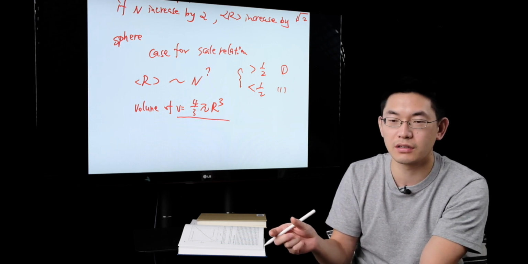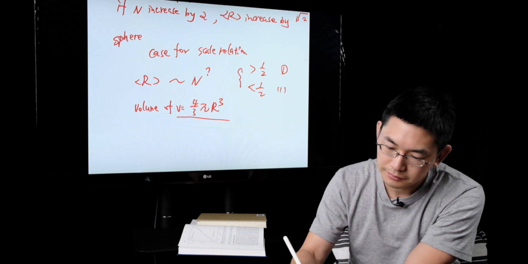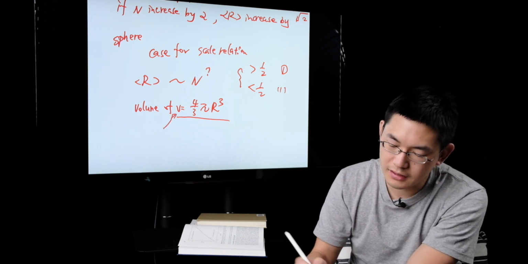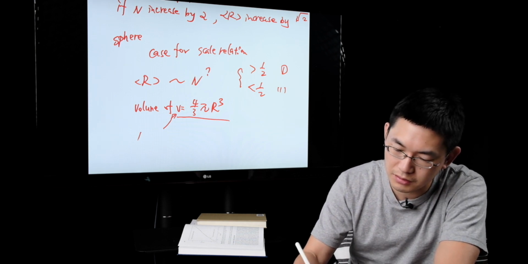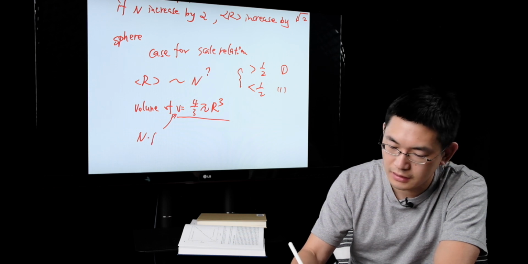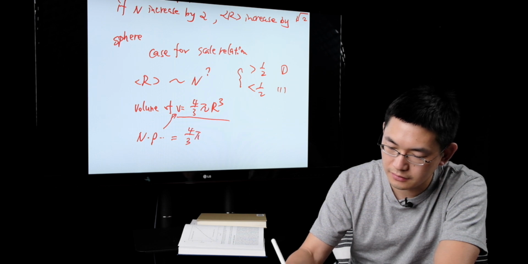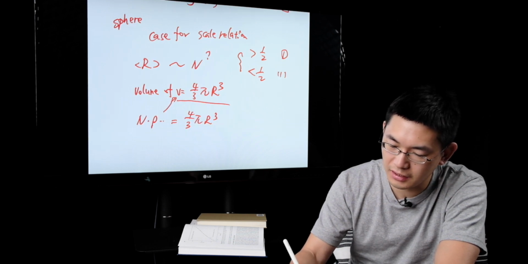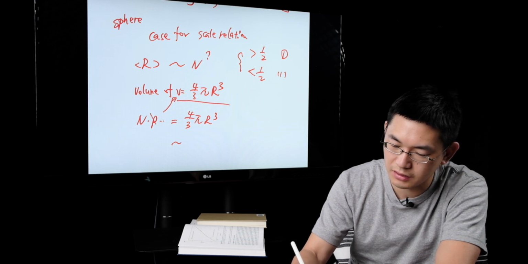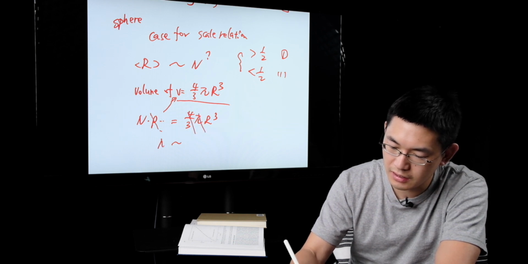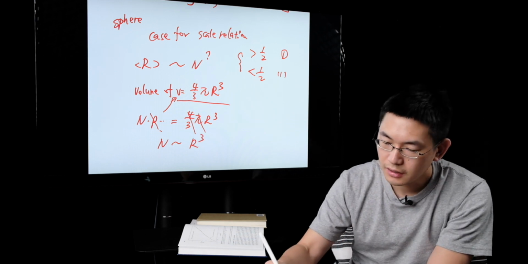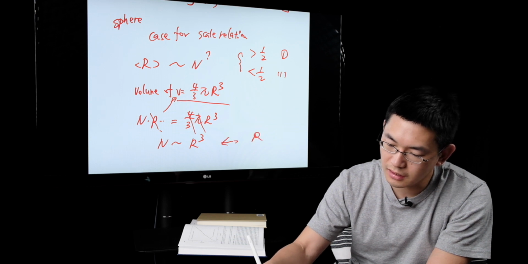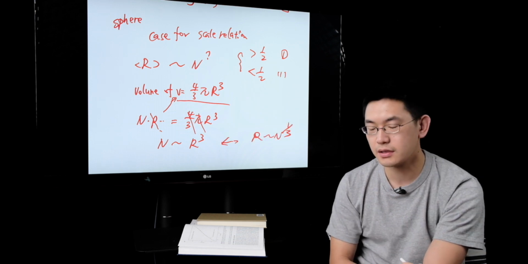Because it's a compact sphere, the volume will be equal to the number of bonds multiplied by density and another constant. In a scaling relationship, those are constants, so we don't need to consider them. So n would be proportional to R to the power of 3, and if you rearrange it, R would be proportional to n to the 1/3.